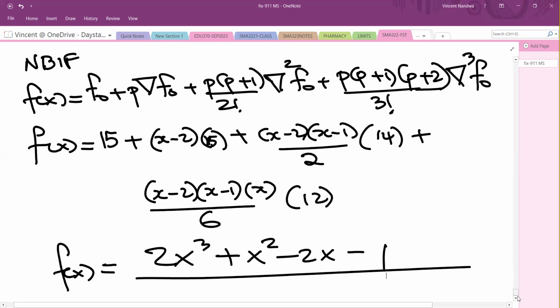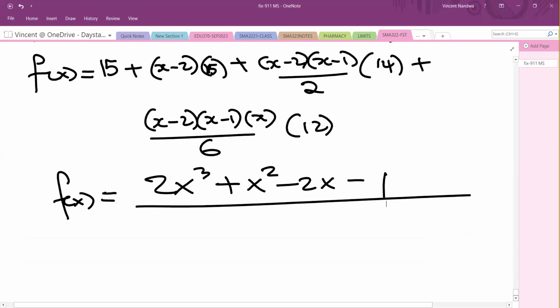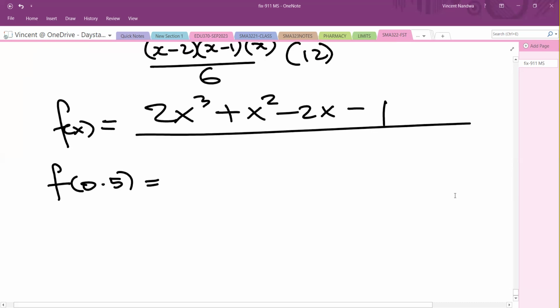So sometimes once you have gotten the polynomial of the function that interpolates the values, you may be asked to use your polynomial function to approximate some values. So for example, if you're asked to find f of 0.5, what will be the value now that you have the function? Also find for me the value of f prime at 0.5.